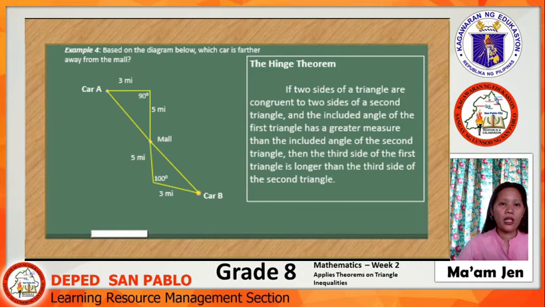It says that if two sides of a triangle are congruent to two sides of a second triangle, and the included angle of the first triangle has a greater measure than the included angle of the second triangle, then the third side of the first triangle is longer than the third side of the second triangle.